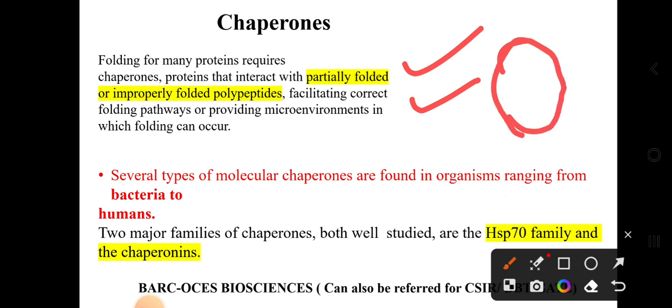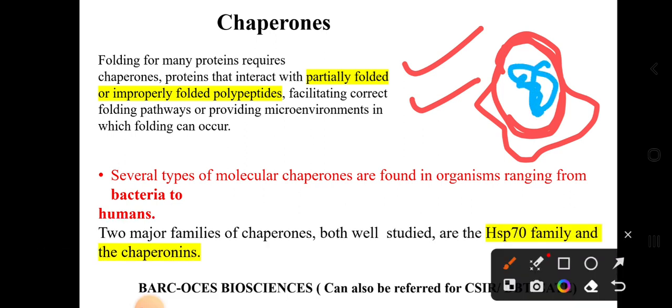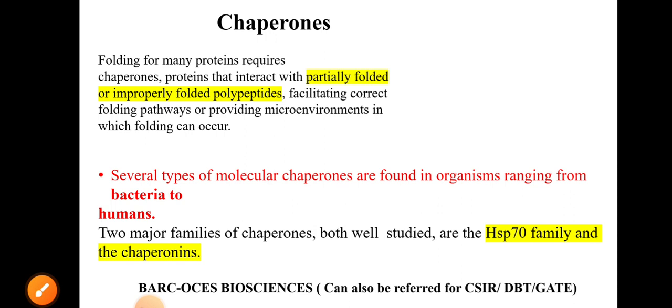This is the outer coating, this is the chaperone molecule, and inside it is your protein, such that it is protected from whatever is happening outside. So this will be your chaperone and this will be your protein.